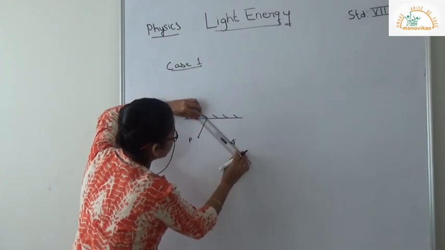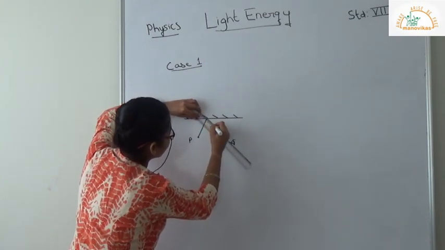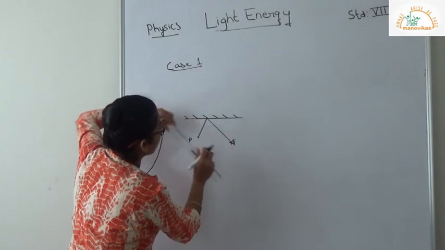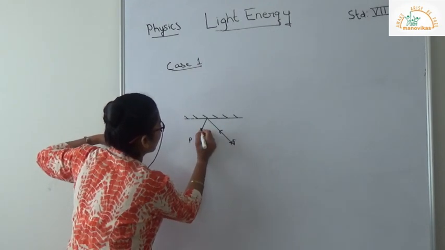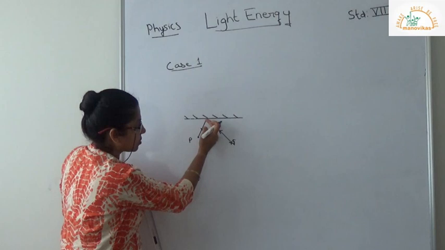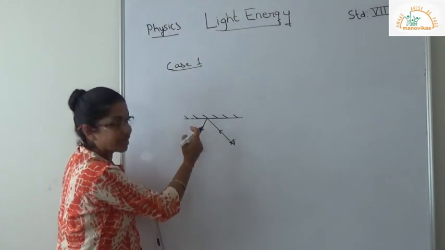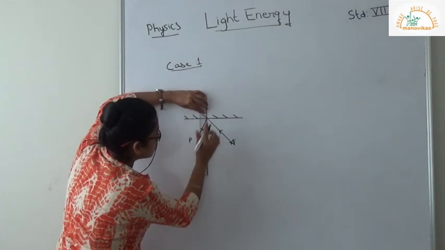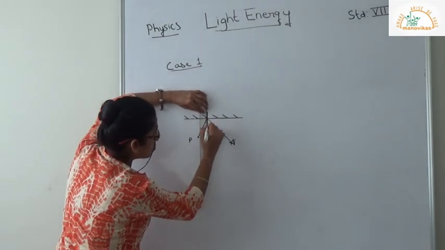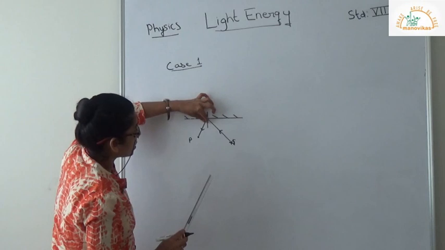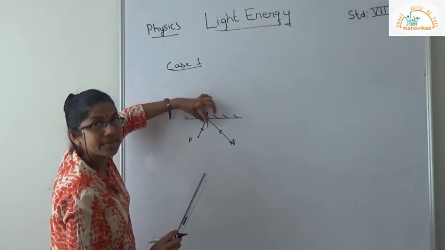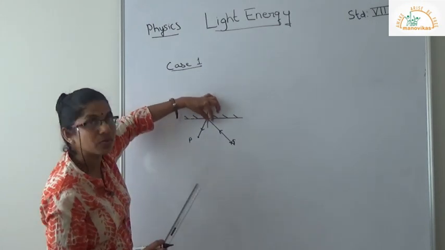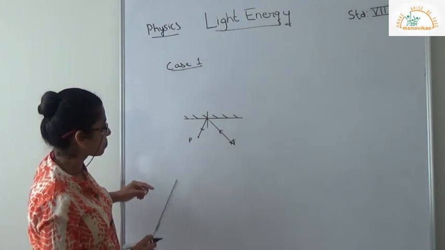So using laws of reflection, light is traveling this way and then coming in this direction. So at the point of incidence, suppose this is the normal, this angle has to be the same as this angle. The angle of incidence has to be equal to the angle of reflection.